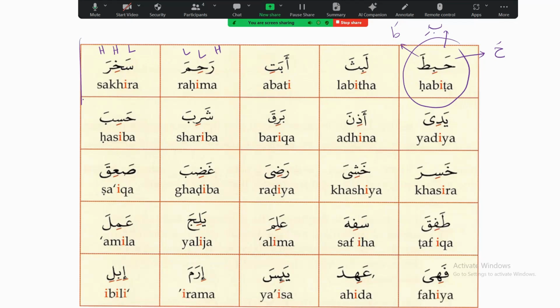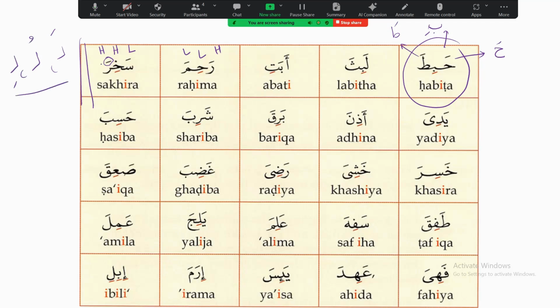Okay, let me do this row all together: habita, labitha, abati, rahima, sakhir. What I'm doing at the end is trying to do a pause at the end. When we take a pause or a break at any letter which has any haraka of fatha, kasra, or dhamma, what do we do, sisters? We just remove that haraka.